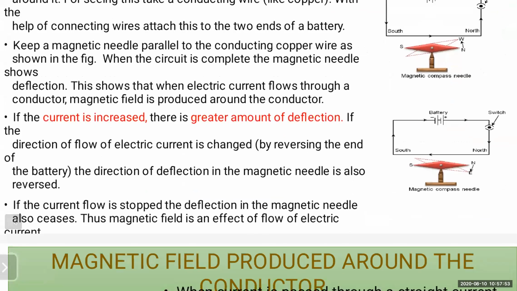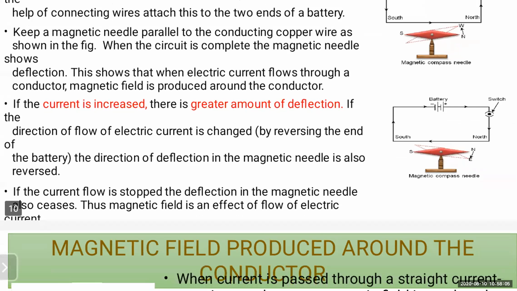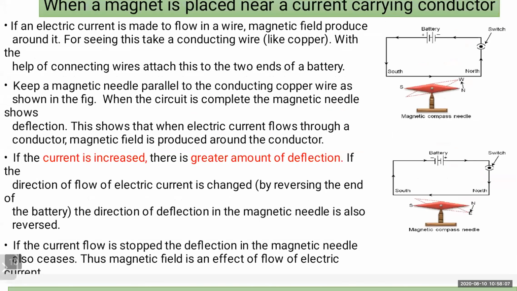Now, if the current flow is stopped, the deflection in the magnetic needle also ceases. So the magnetic field is an effect of the flow of electric current.